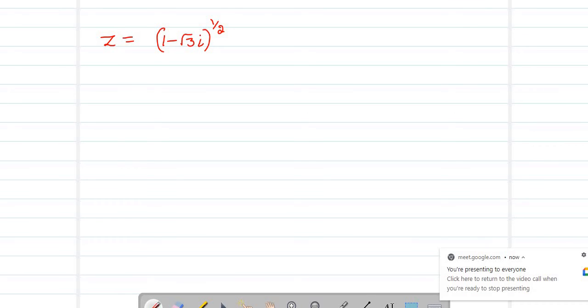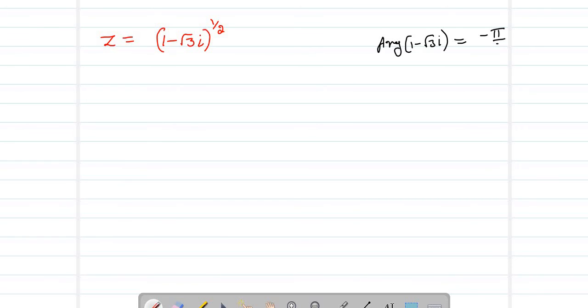First of all, you need to write it in the Euler form. So first find the principal argument of this. I hope you can see that the principal argument of this complex number is going to be minus pi by 3.